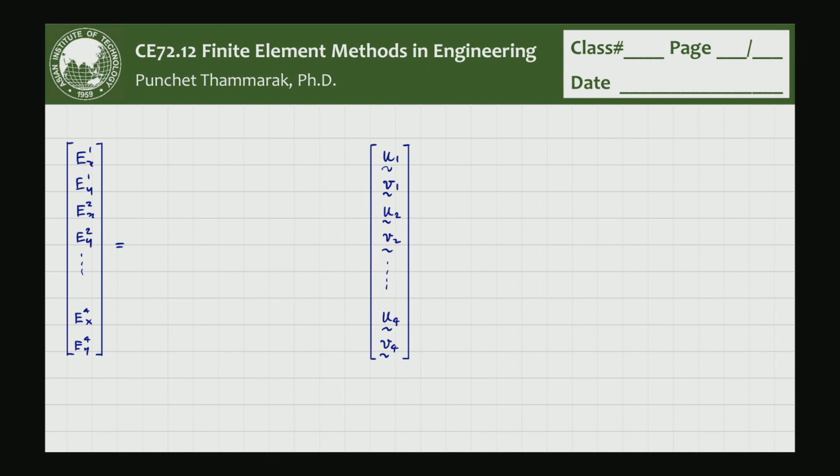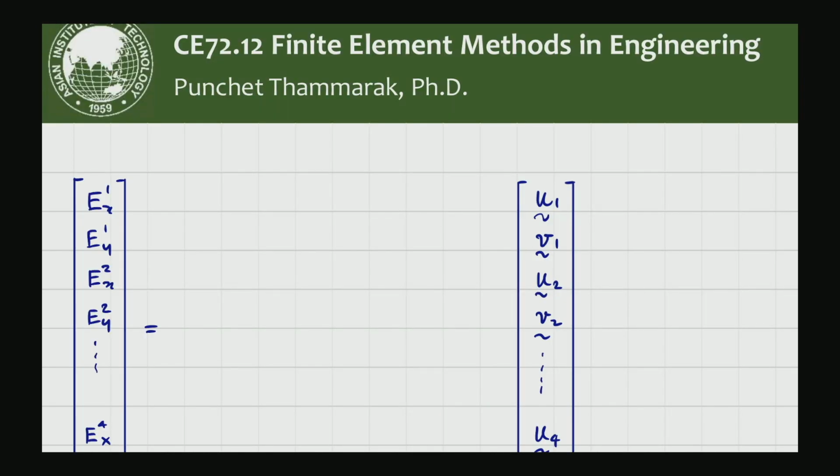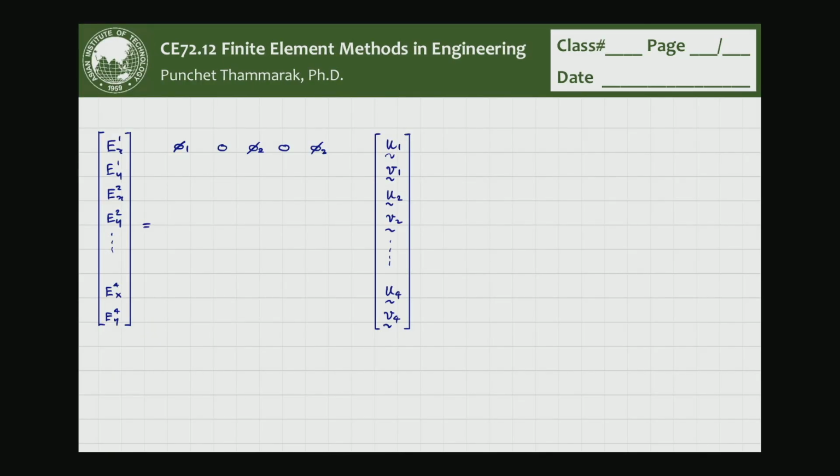So in this matrix here, we're gonna have the phi 1 0, phi 2 0, phi 3, like this.